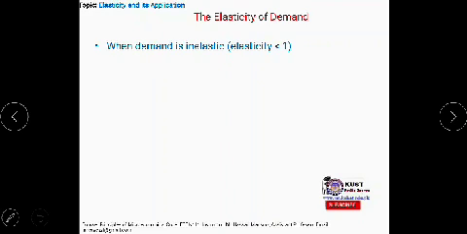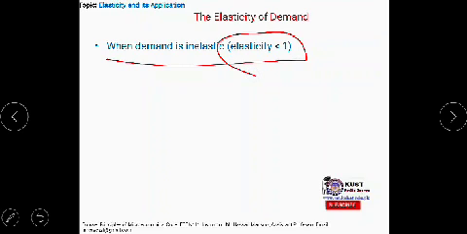When demand is inelastic, elasticity is less than 1. It will be like 0.5 or 0.8. It means demand is inelastic. So in other words, we can say that there are no substitutes, or we can say that there are lesser number of substitutes available.